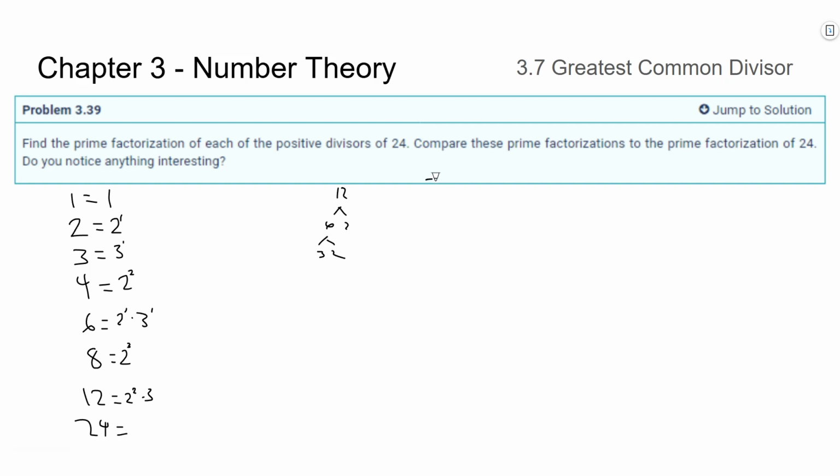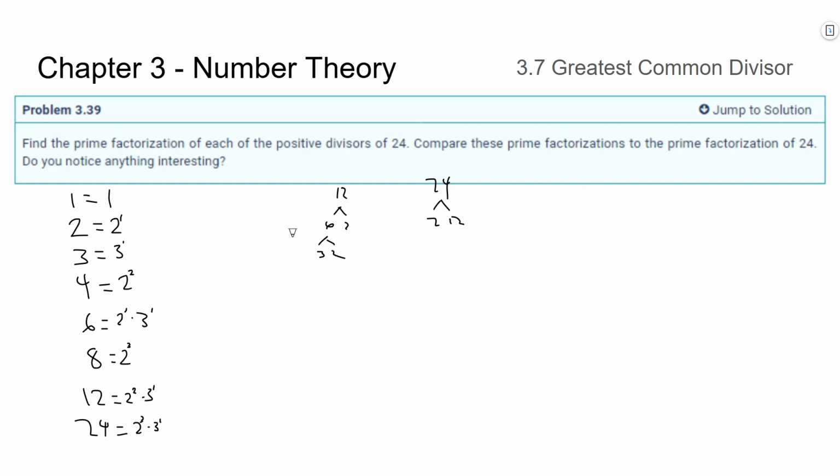And 24, we have 2 and 12, and we already know 12, so it's just another 2 there. So it's going to be 2 cubed times 3 to the 1. I'll add 1s to these. Okay, so those are the prime factorizations of 24 and all of the divisors of 24.